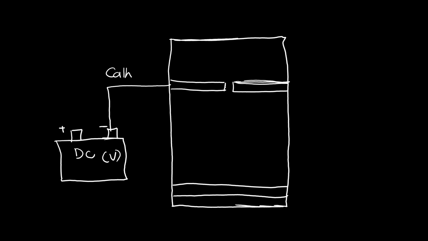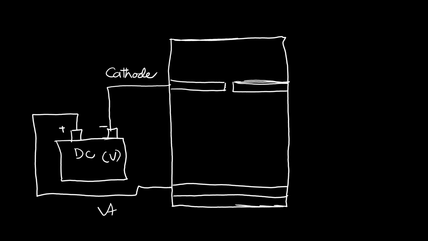So the electrode which has a hole in it was connected with the negative terminal of the battery and it was the cathode. Whereas the electrode connected with the positive terminal of the battery is known as the anode.